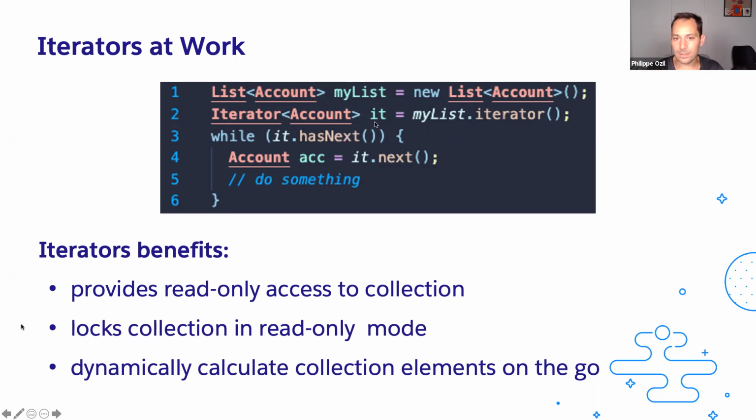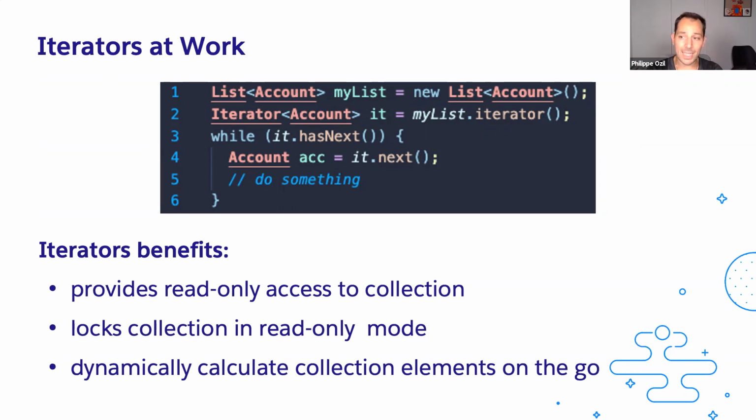Here I'm calling it it, which is a pretty common name for iterators. After that, I can call my different methods: hasNext to make sure that I have a next element, and then it.next to get the next element in the list. This returns an Account for me.